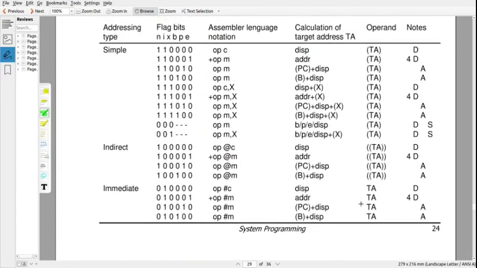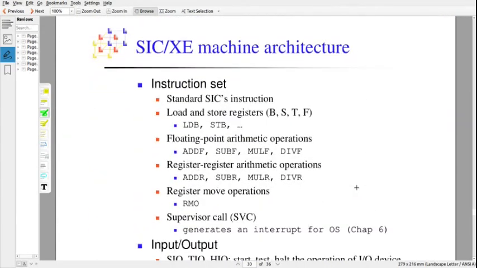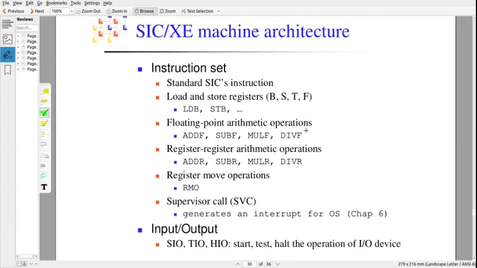Okay, this is another example you can work out. The next one is what are the instruction sets supported by SIC/XE. So SIC/XE will support all the instruction sets supported by SIC plus a few additional instructions. Okay, so what are the additional instructions?